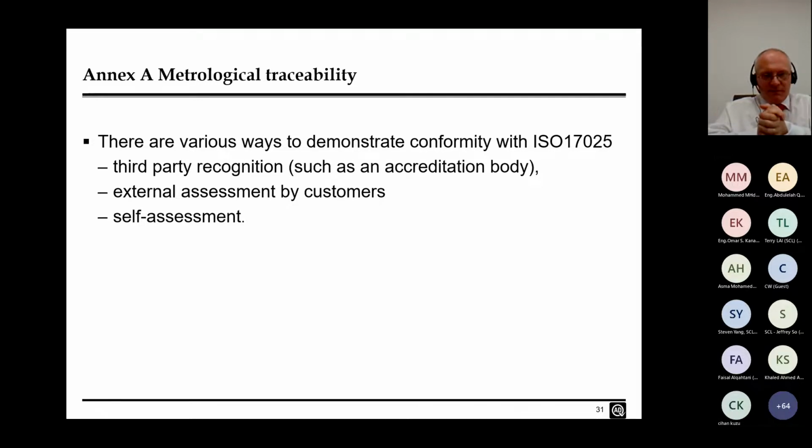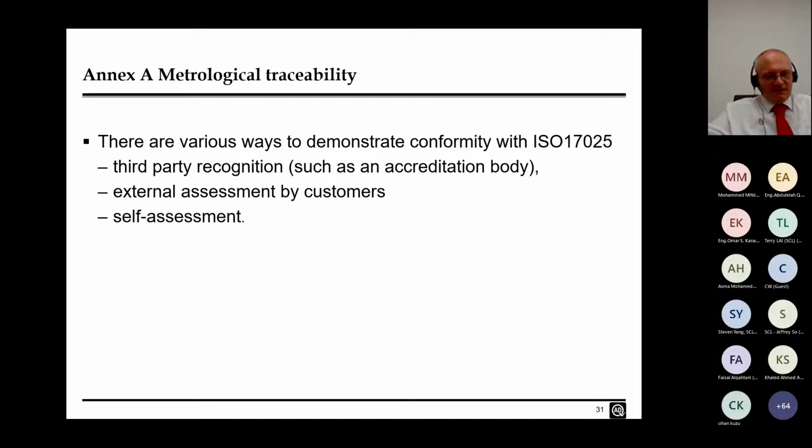An external assessment by customers. This is quite common, or it used to be quite common, particularly in the nuclear industry where I worked for a while, that your customers, even if you were accredited, would want to come and do an external assessment to ensure they believed they accepted your conformity.